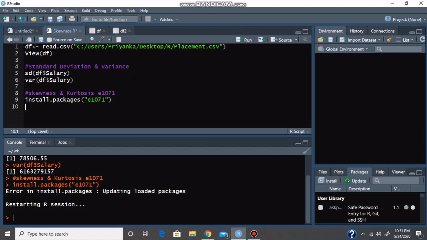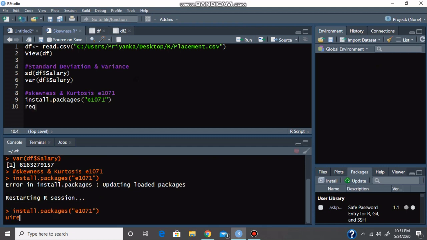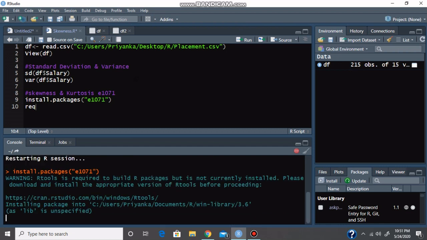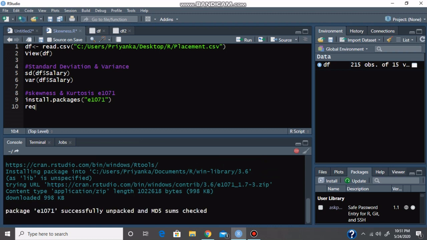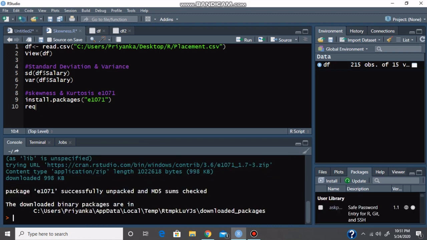The next step is that I need to call this particular package. I need to wait a bit. Okay, so it has been unpacked now.